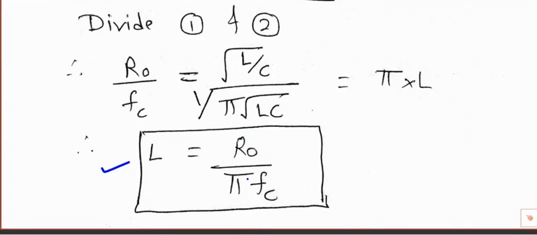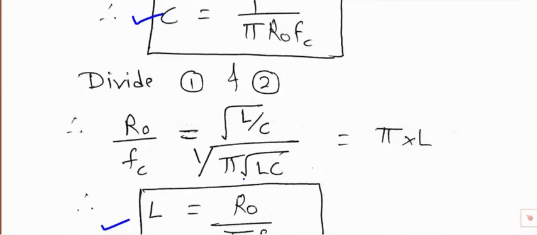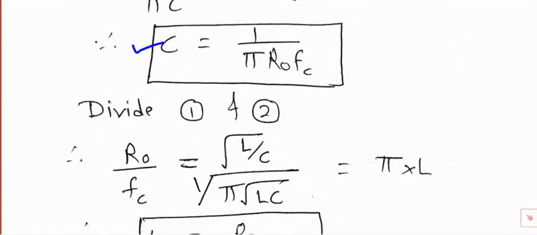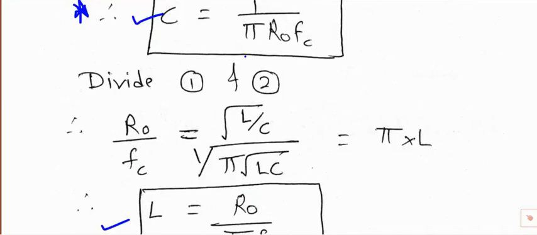You should remember these formulas, and you should study how you can get them for high pass filter also. What are the changes in the formula? That comparative study you must do.